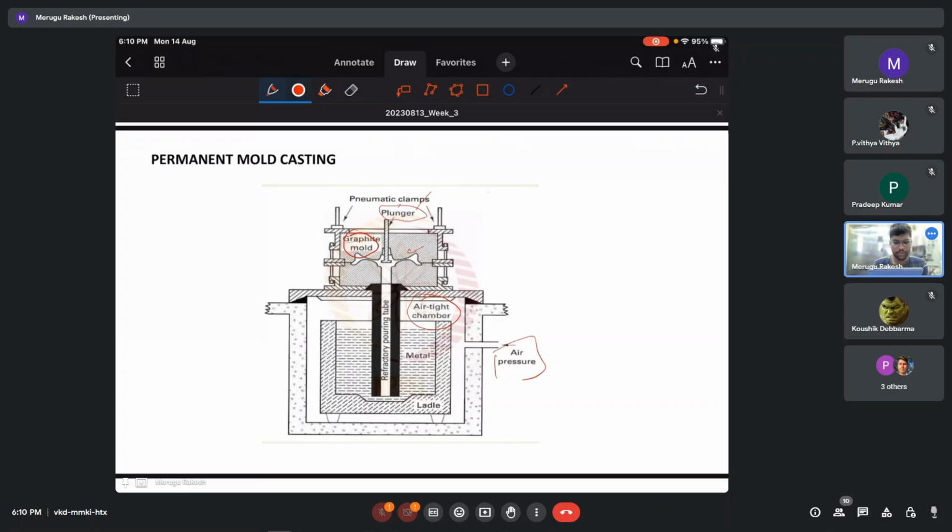We pull the pressure out so that the molten metal will flow through the refractory pouring tube and fill the casting. Once it is solidified, we take it out, trim it and send it for further processing. Since this is a graphite mold, we can actually cast very high temperature metals as well, and we can reuse this mold any number of times. So this is one type of permanent mold casting in which we are using a plunger to suck the material into the casting cavity.